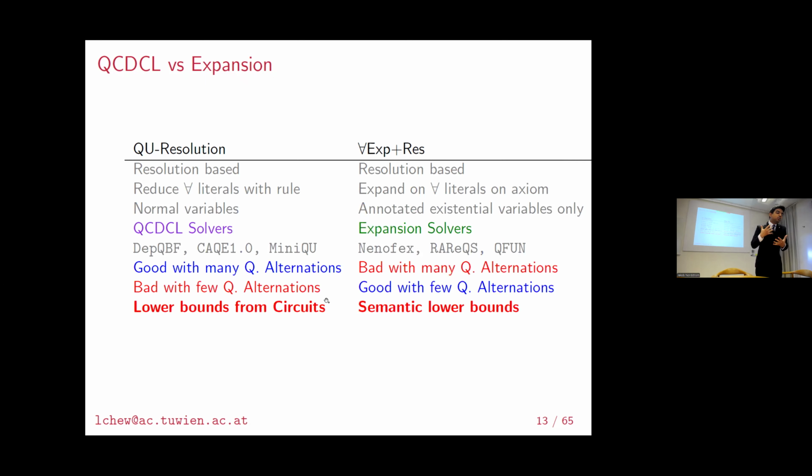And this can be explained, and I won't go into full detail of how this works for these things in blue and red, but I will explain the lower bounds that you get. I've already briefly explained this semantic lower bound that you get from the expansion side, but you also get lower bounds from circuit complexity that transfer to proof complexity lower bounds in QU resolution and related QBF proof systems.